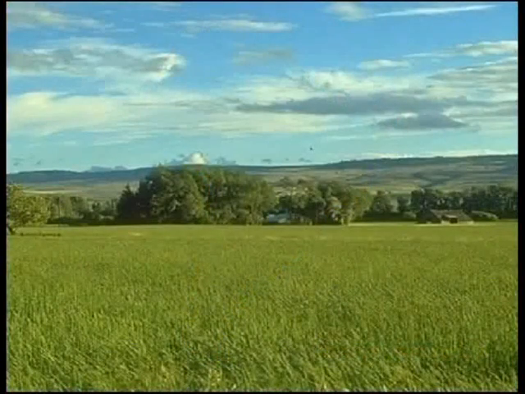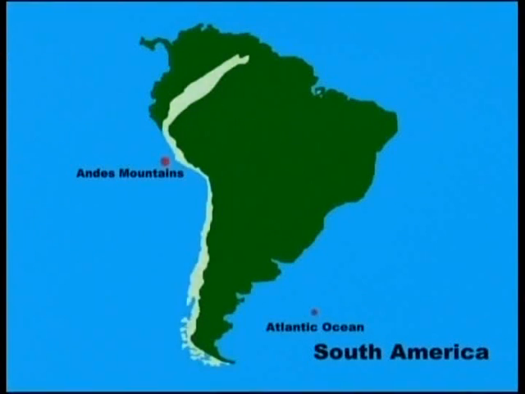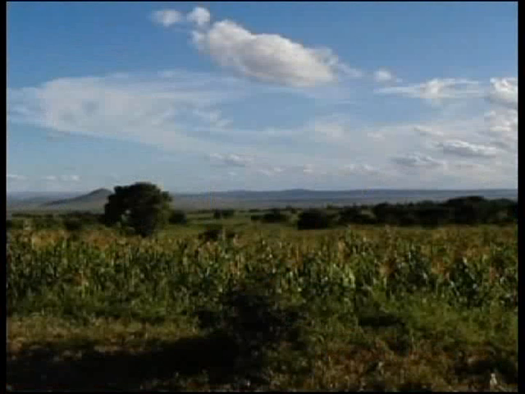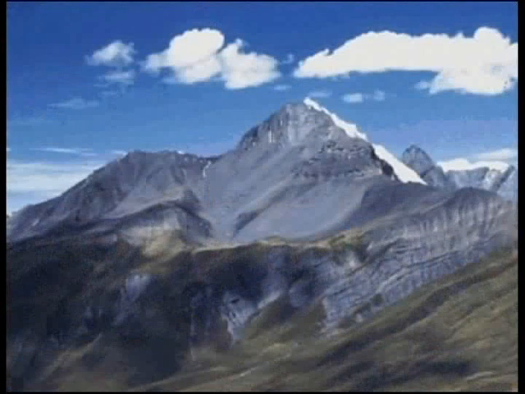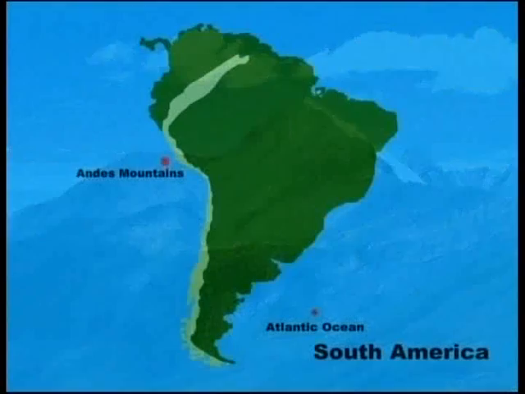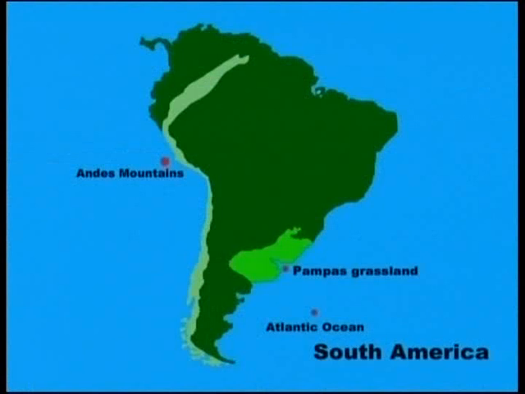They are spread across a huge flat region between the Andes Mountains in the west and the Atlantic Ocean in the east. The weather here is generally mild, with summers being pleasant and cool. The pampas grasslands include most of northern Argentina, western Uruguay, and the southernmost part of Brazil.